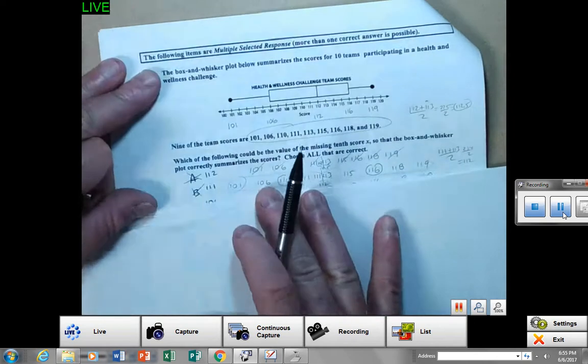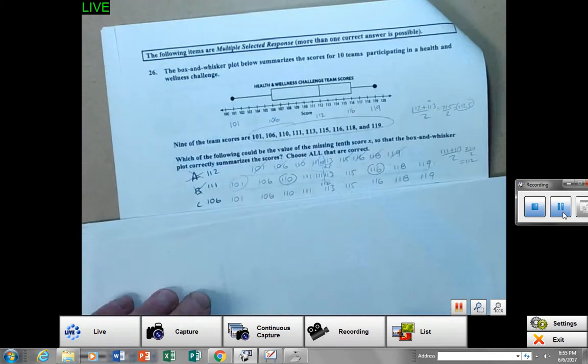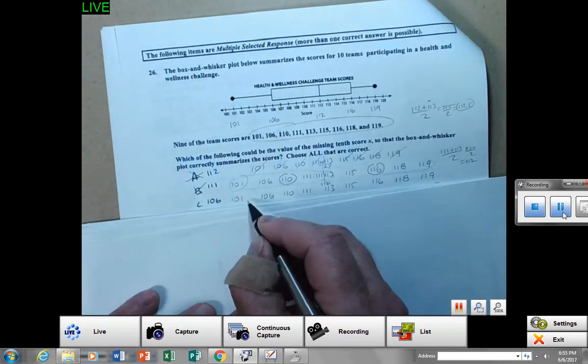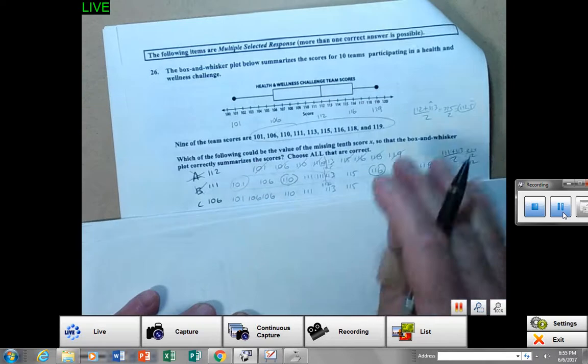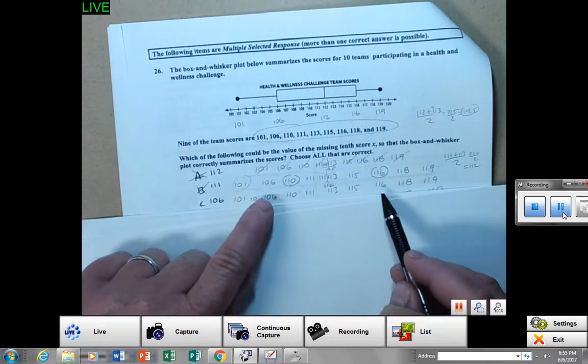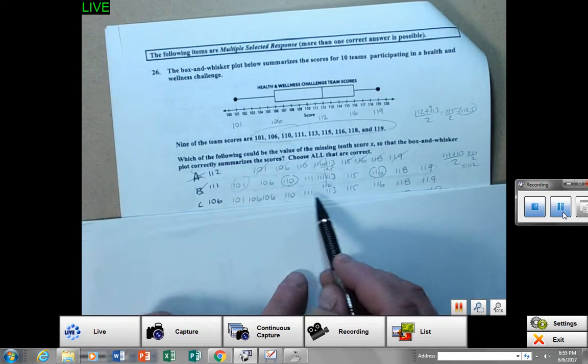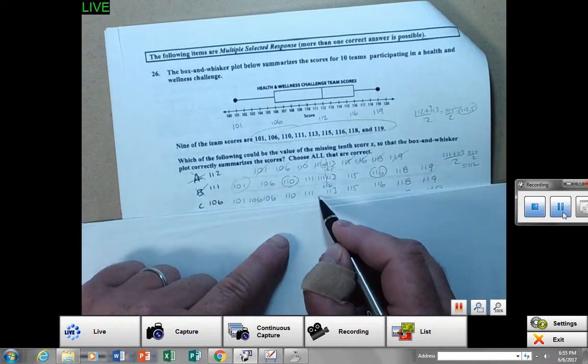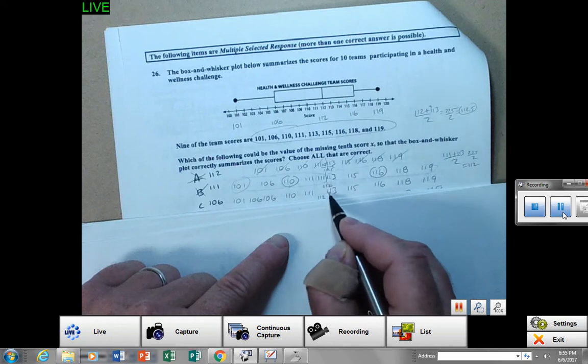All right, for C, if I add 106, I still have, coming in from the middle, these 2 numbers to give me my median. That still gives me a median of 112, adding these 2 up and dividing by 2.